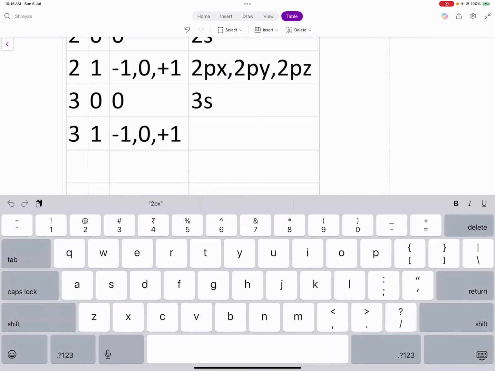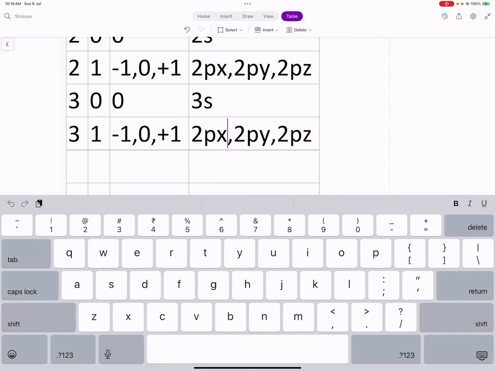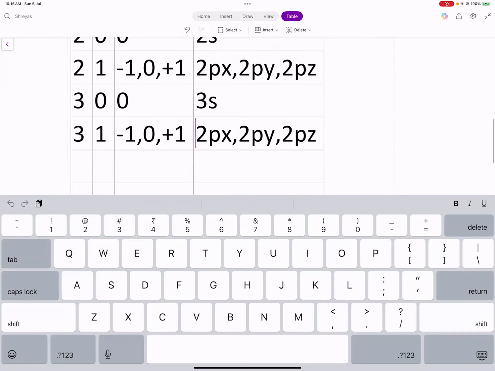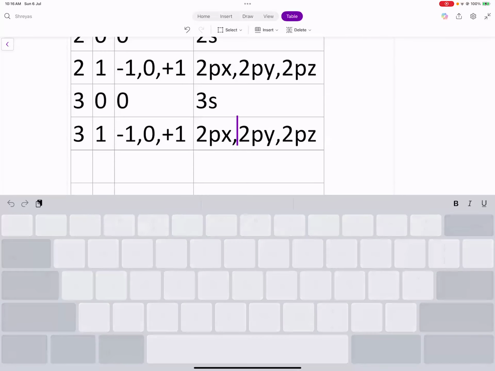So see, we are going to get... come on. It's like more. See, I cannot put a cursor in between. Sir, hold the space bar, so you can go to whichever place you want.